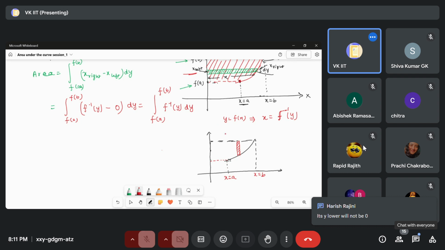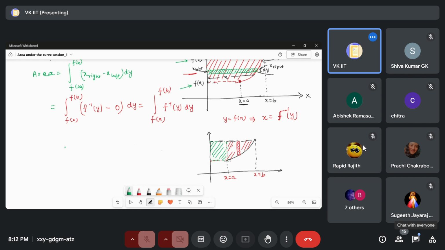So what should we do then? Then this area has to be calculated separately. Which area? Can you see that green color area? This green color area has to be calculated separately, because this red color area you can easily find out by the strip method.